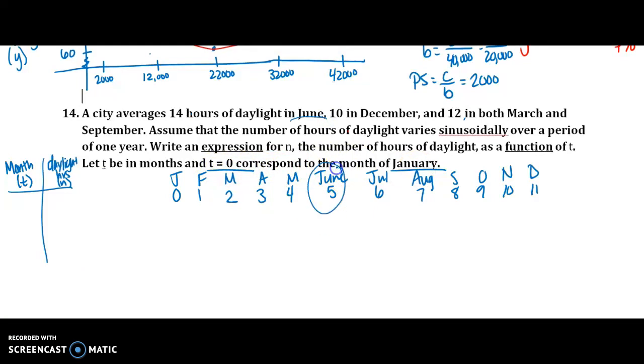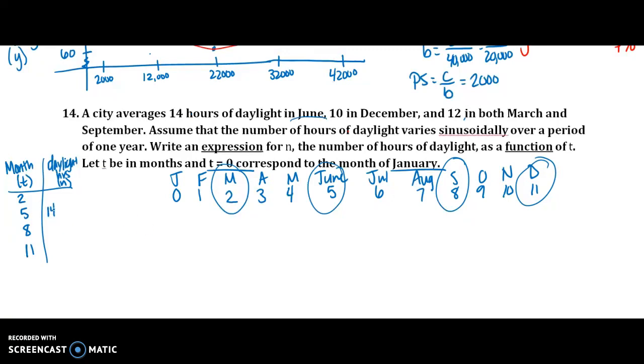But they gave us June, they gave us December, they gave us the average daylight in March, and then in September. So I would put 2, 5, 8, and 11, and then put the corresponding daylight hours with that.